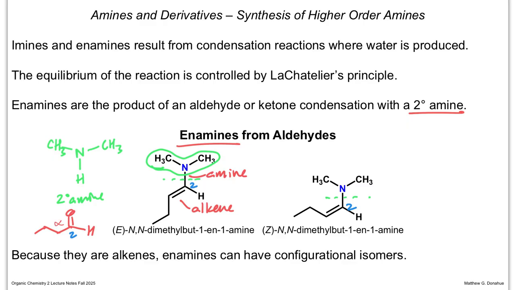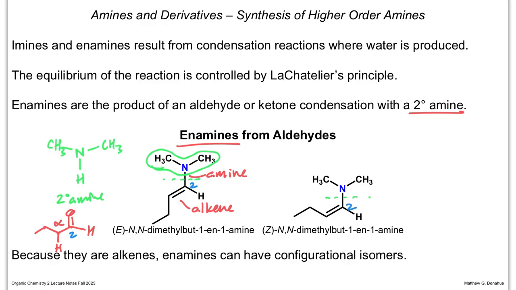It has to come from the alpha carbon. And so that's how we end up with now the double bond is between the carbonyl carbon and the alpha carbon, to get the alkene. And then you have the amine part, so that's called an enamine.